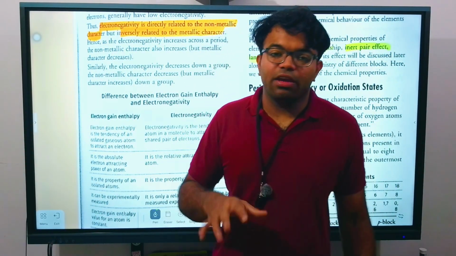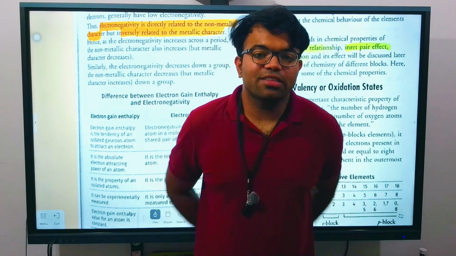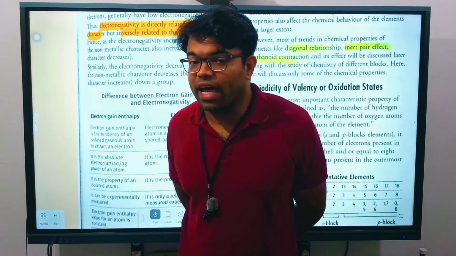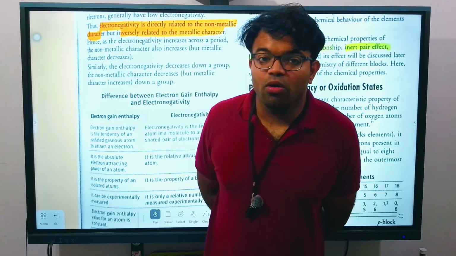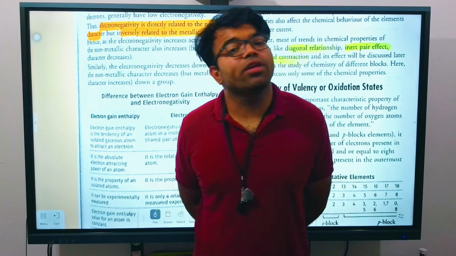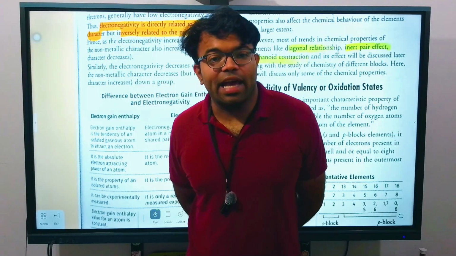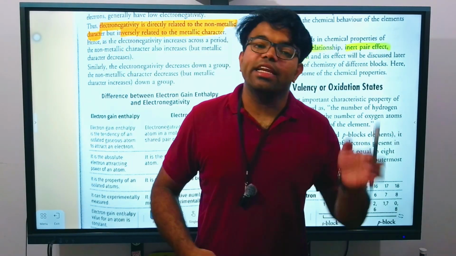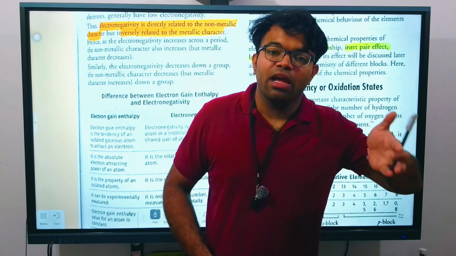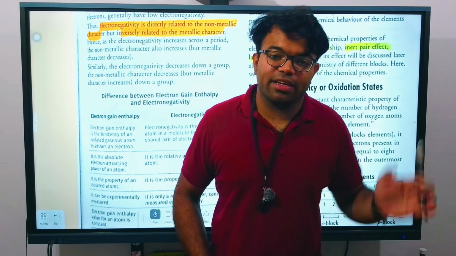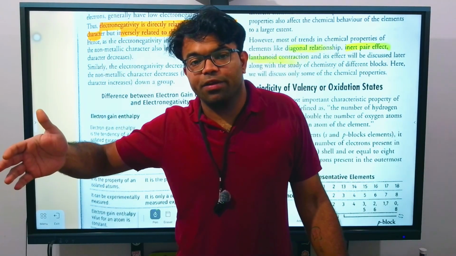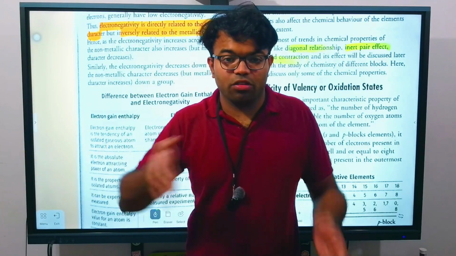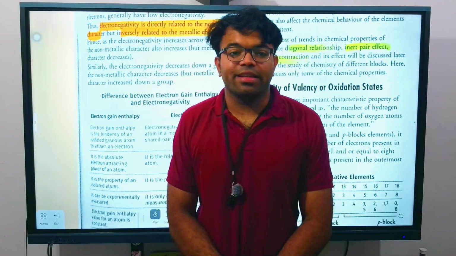If they give you five or six elements and ask you to arrange them in increasing order of their non-metallic character, with the clue of their electronegativity, you can do that by arranging them in ascending order of electronegativity. The least electronegativity will be the highest metallic character, and the highest electronegativity will be the highest non-metallic character. Understood? This is how you can arrange them in increasing order.